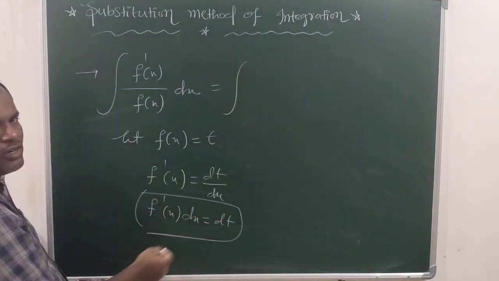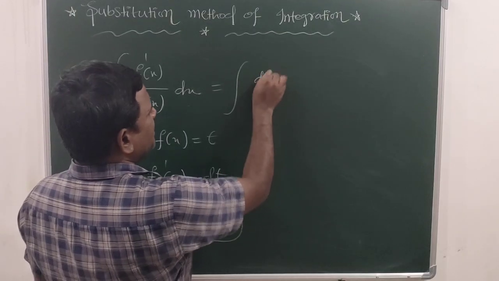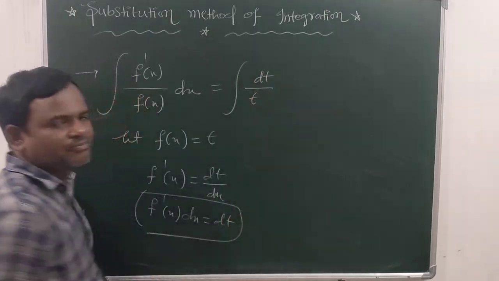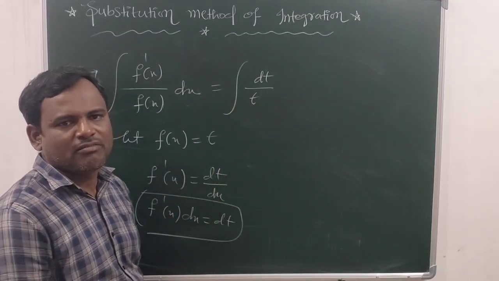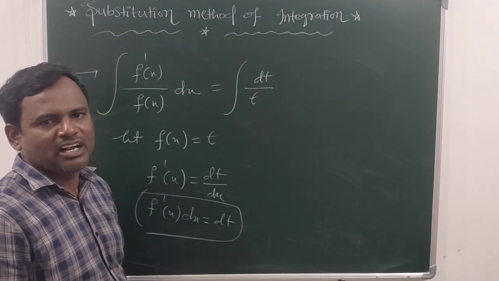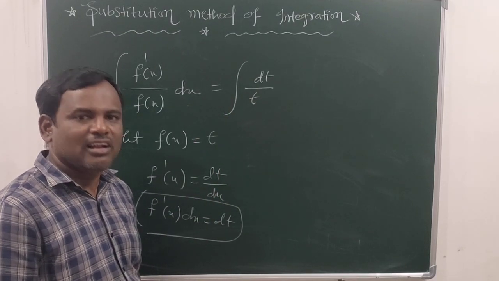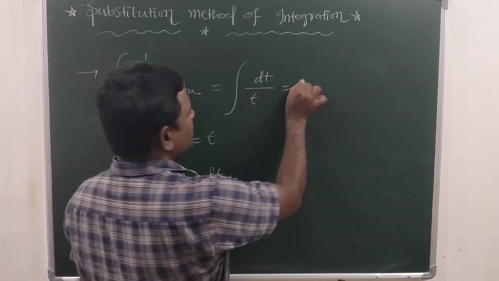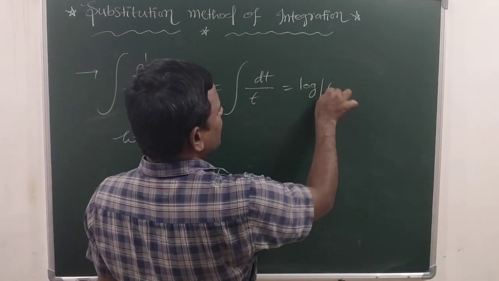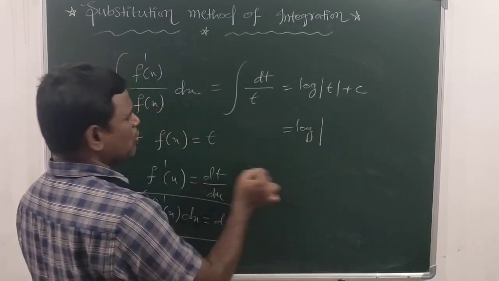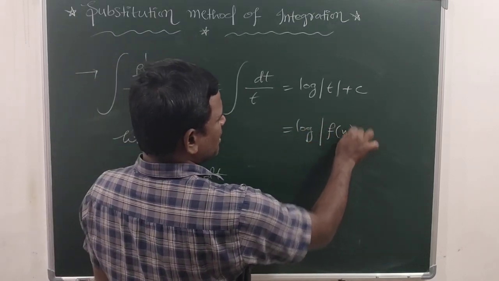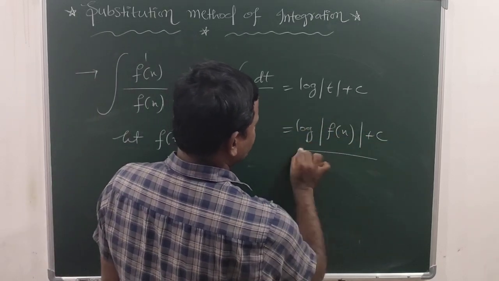In the numerator part, what would you have to write? dt by t. So as you learnt one standard formula, integral of 1 by x dx is log x, na. So as per that, this is going to be log t plus c. Now log t, t is how much? F of x plus c.